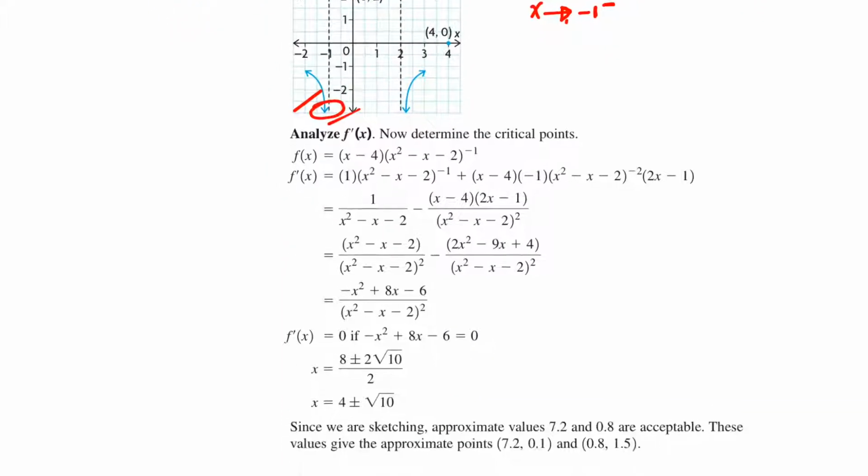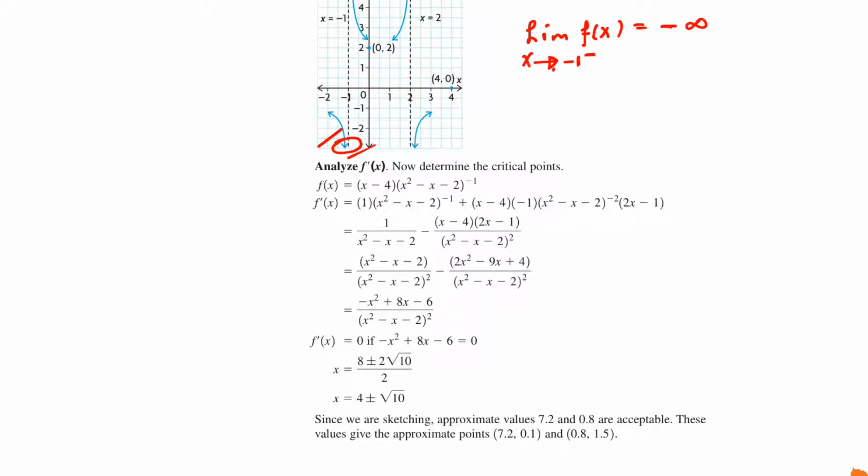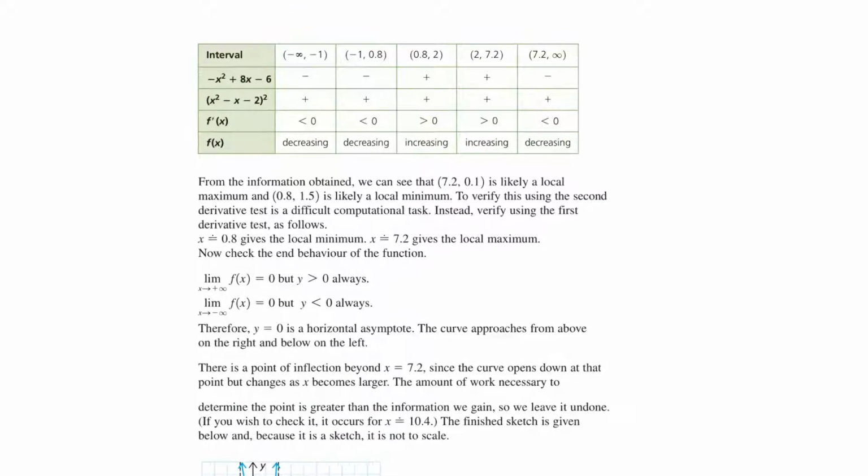The next part is finding the derivative and setting the derivative to 0. Doing this, x would be 4 plus minus square root of 10. Finding the critical numbers, we draw the sign chart for the derivative. For x less than -1, the derivative is negative.